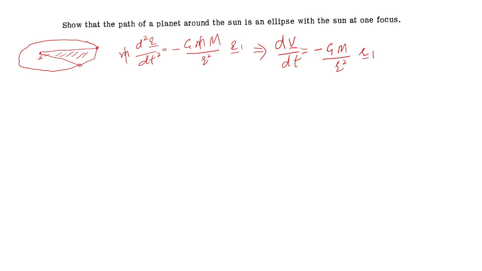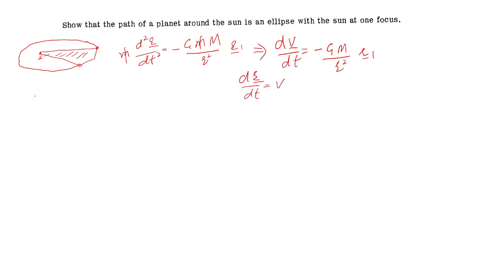What I did here is put dr by dt as v. So one derivative converted into v and the other is d by dt. So that is again this equation.